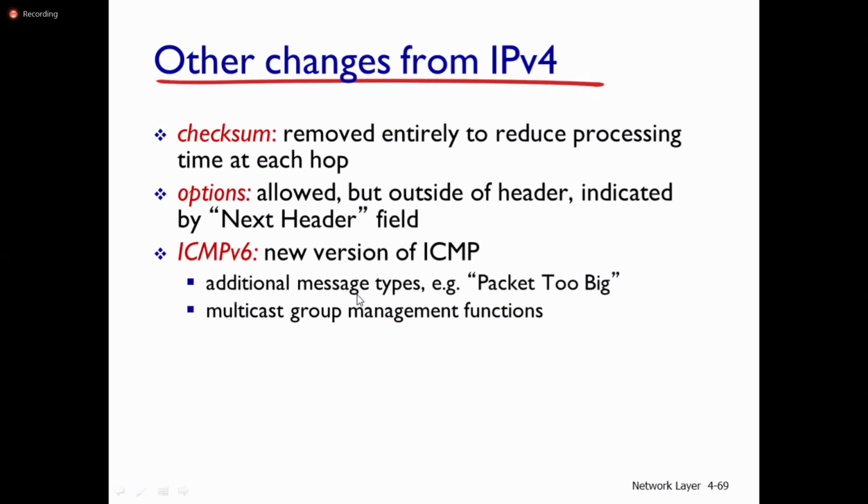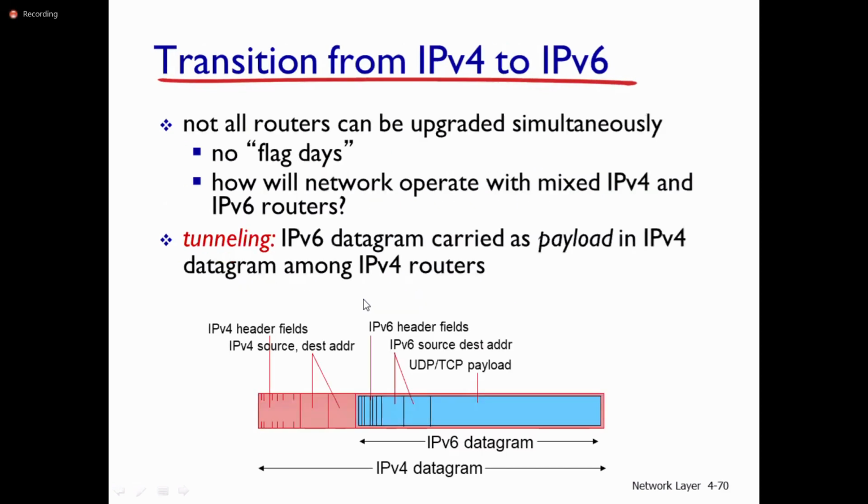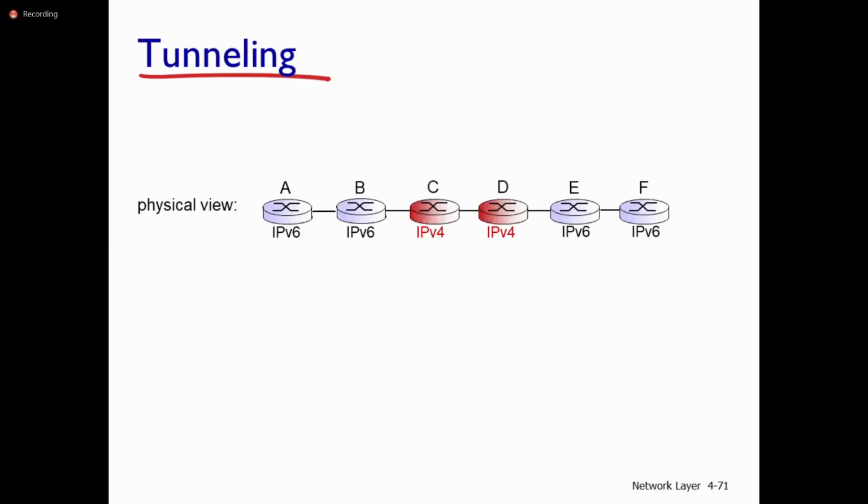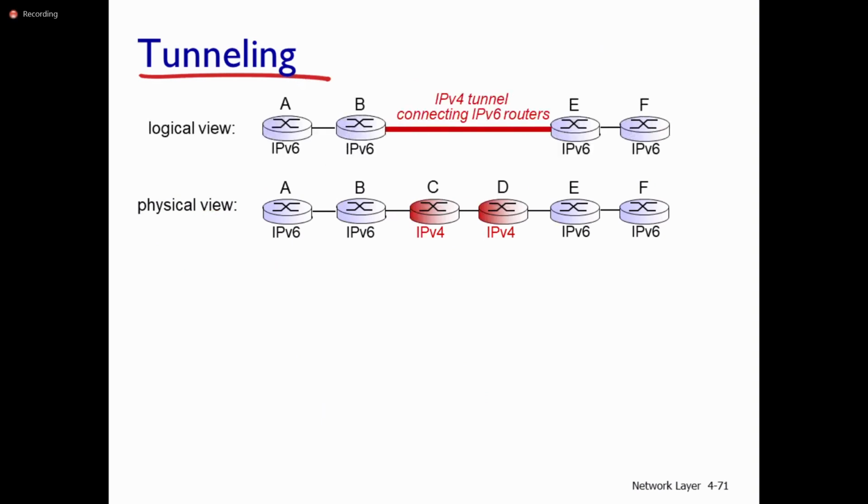Then ICMP version 6, which can be implemented in IPv6. These are the changes from IPv4. Then we saw the translation from IPv4 to IPv6 by using IPv4 routers, through the process of tunneling, physical view and logical view.